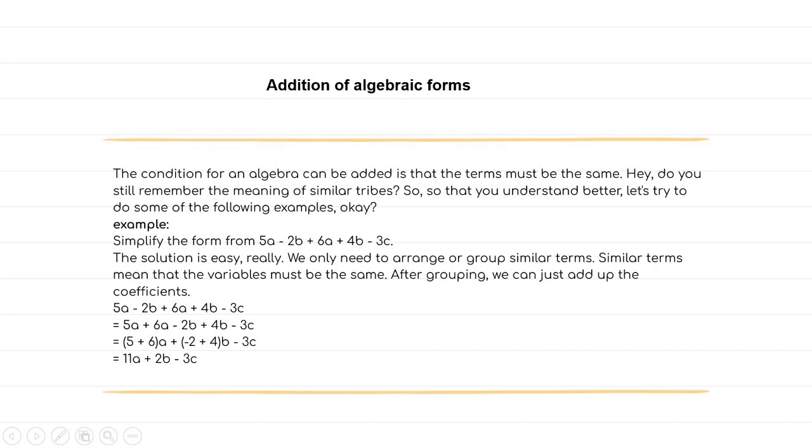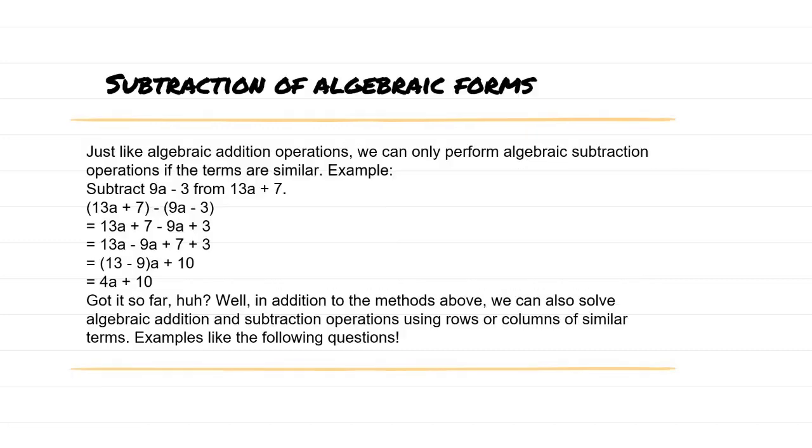After grouping, we can just add up the coefficients. 5a minus 2b plus 6a plus 4b minus 3c is 5a plus 6a minus 2b plus 4b minus 3c, which is (5 plus 6) times a plus (minus 2 plus 4) times b minus 3c, which is 11a plus 2b minus 3c.